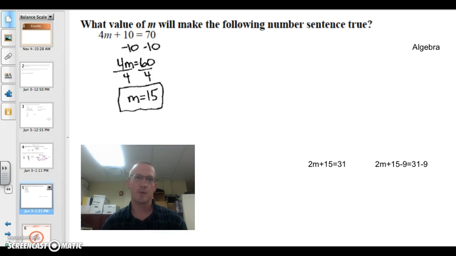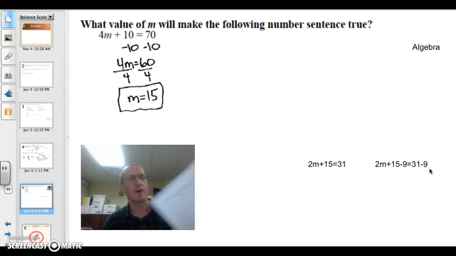But really, when I'm looking at 4m plus 10 equals 70, I know that 4m has to equal 60 just by looking at it, because 60 plus 10 is 70. And do kids know how to solve problems like that? Then the last problem down here, we can really tell if they're operational or relational. You look at the different numbers. What is the difference? Well, there's a 9 on both sides. If I get rid of those, it's the same equation, so they're the same.